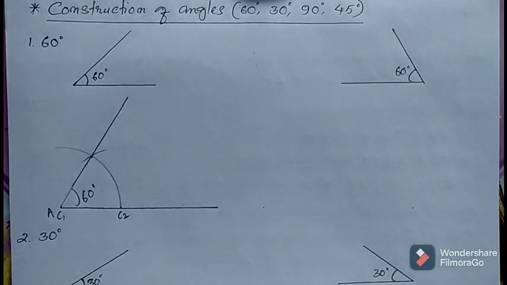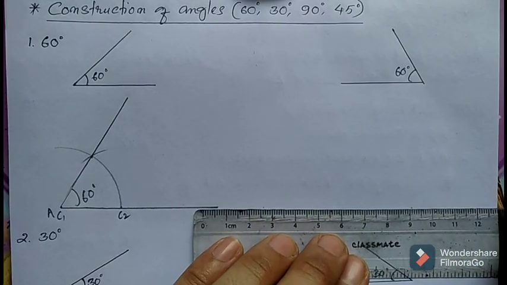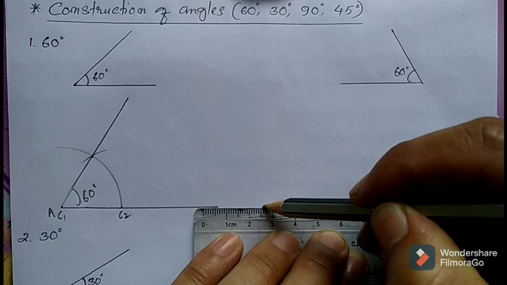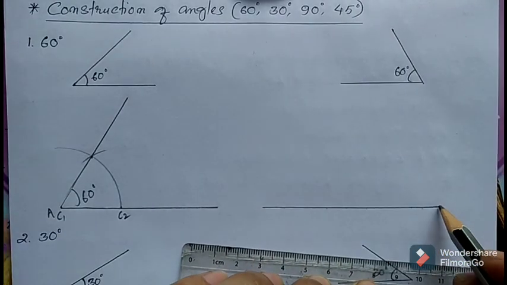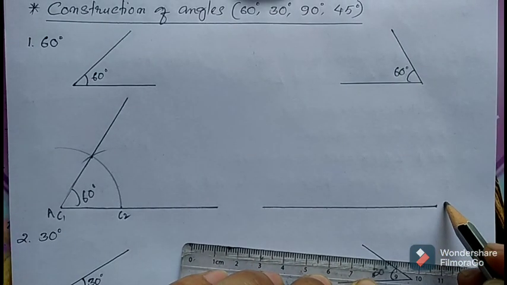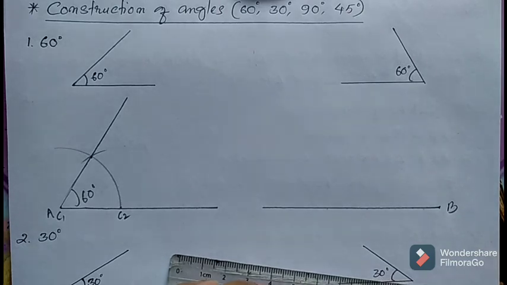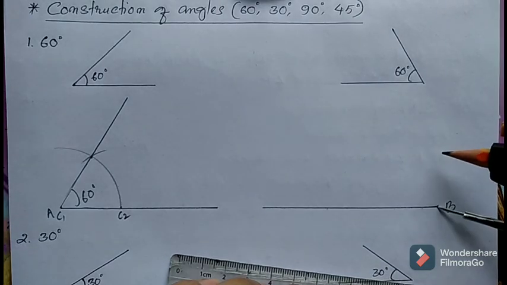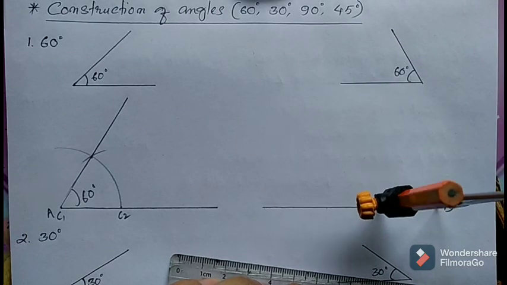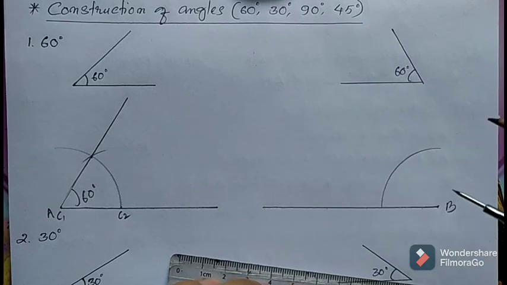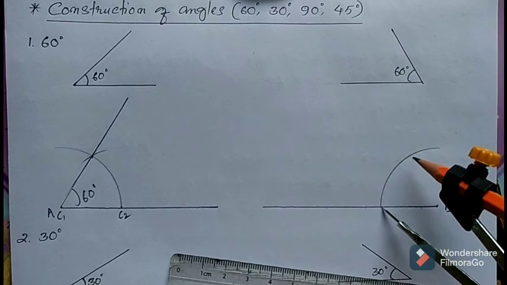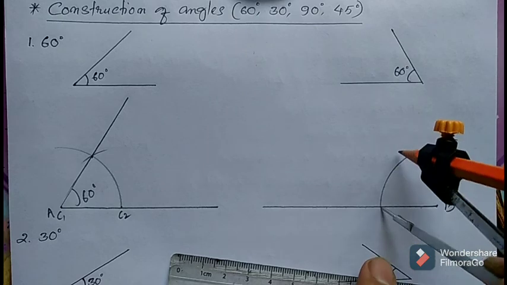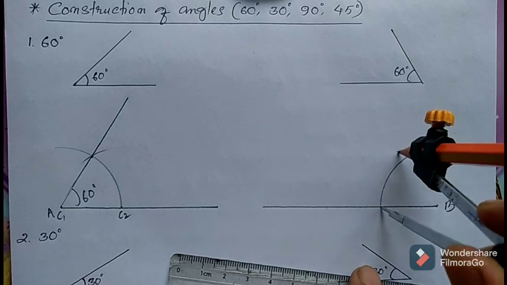Let's construct the same 60 degree angle in another direction. Now in this direction we need an arm, so we draw the arm here. Let's say we want to construct at this point, let this point be B. We'll do the same thing: taking this vertex B as center, we draw an arc. We draw a second arc, taking as center the point where the first arc and the arm intersect each other.